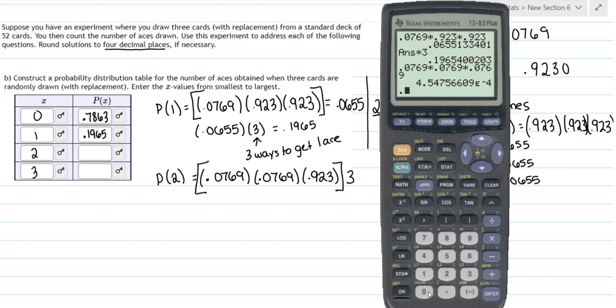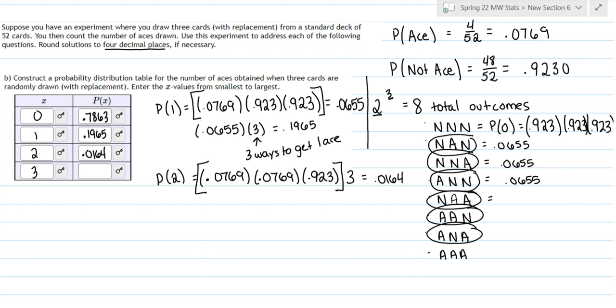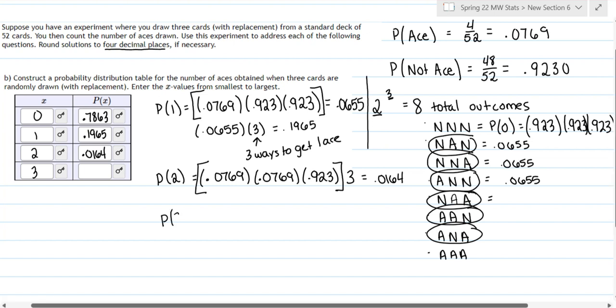No, this is the last one, sorry. 0.0769 times 0.0769 times 0.923. Then times 3. So 0.0164. Okay, and then the last one is just this, ace, ace, ace. So it's 0.0769 to the third.